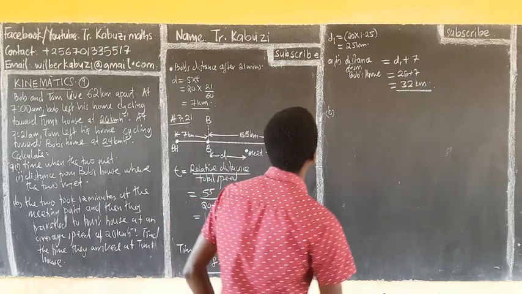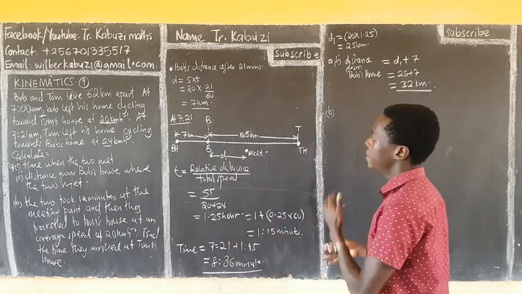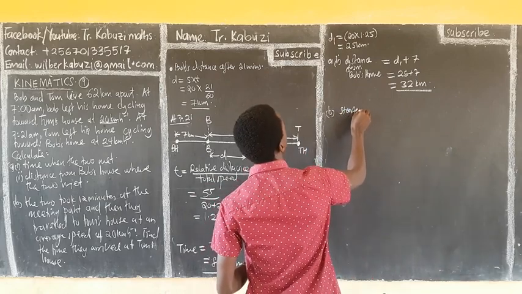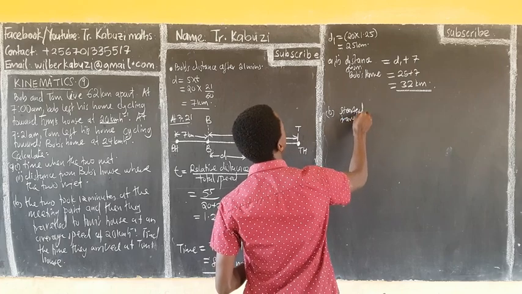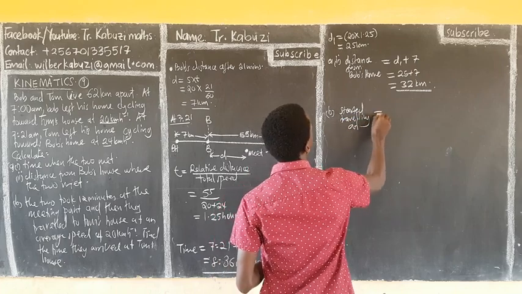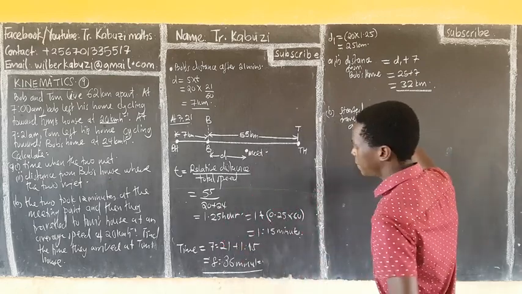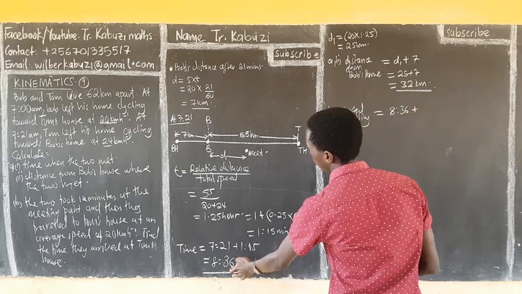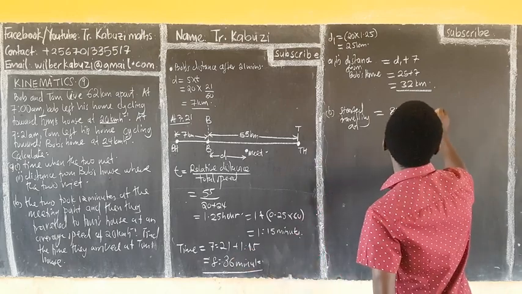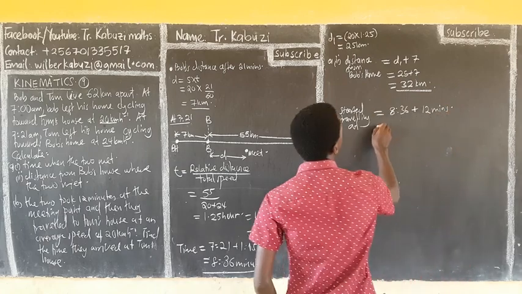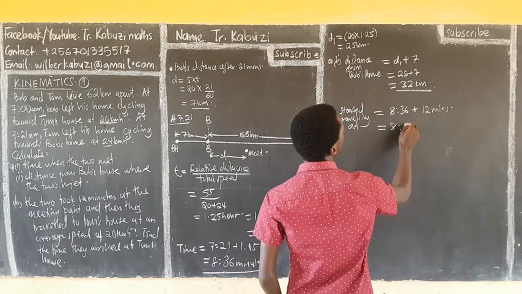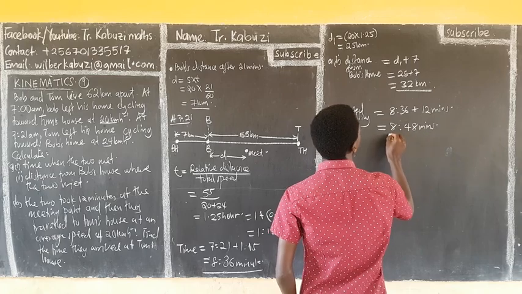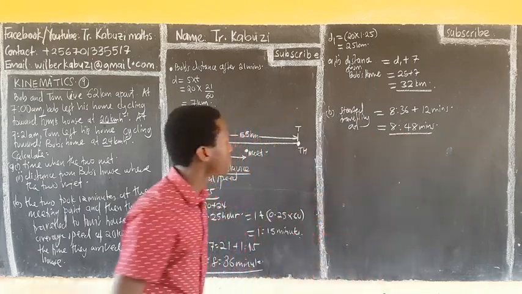So they started traveling at 8:36 plus the 12 minutes they spent there, which gives 8:48. This is the time they started traveling.